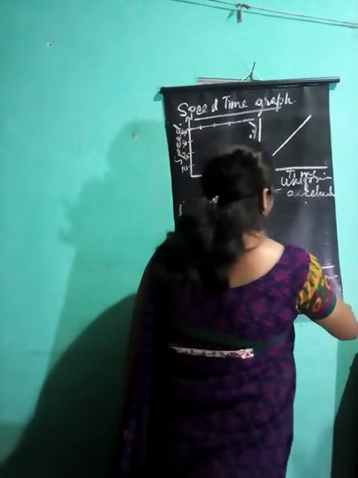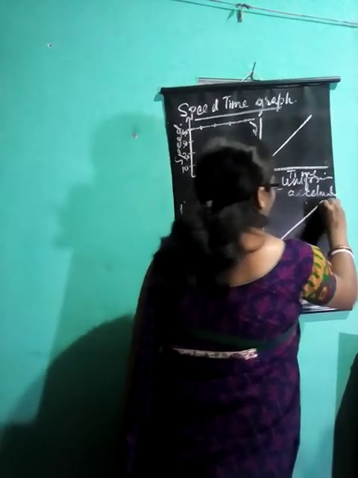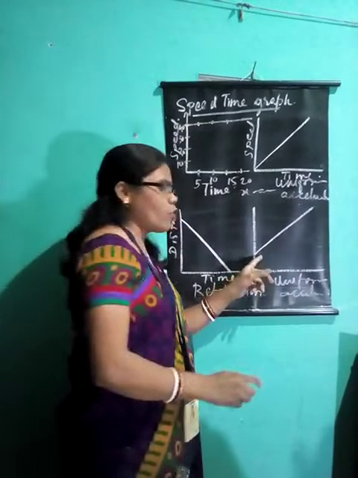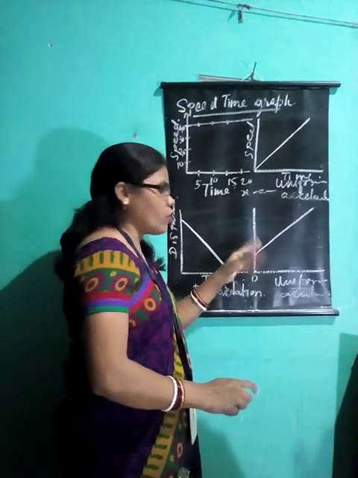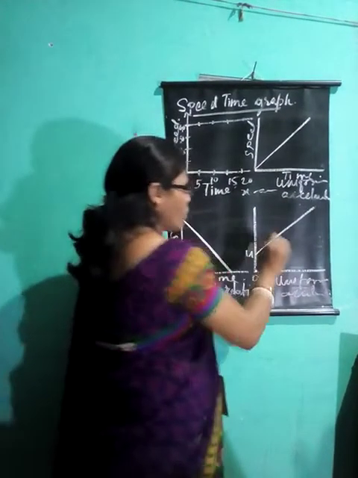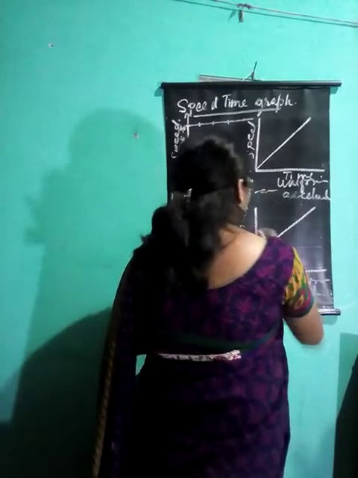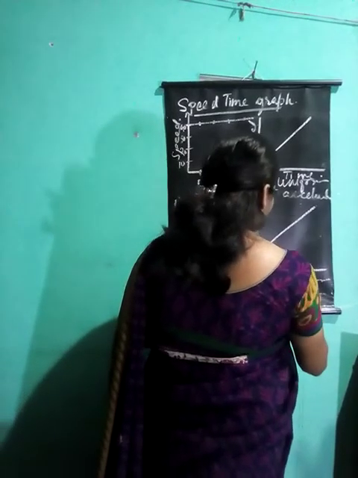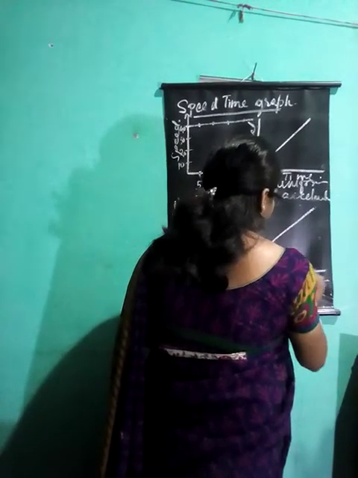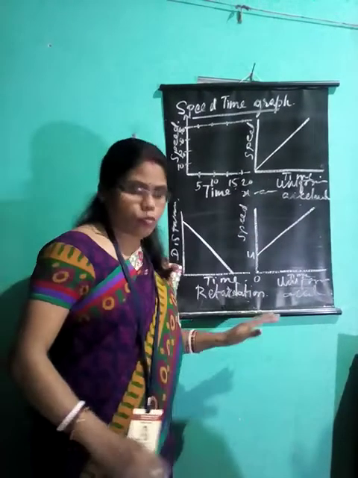So you will be having this type of straight line graph, but not from 0, from whichever initial velocity it is. Initial velocity is v, here speed. This is the velocity time graph, that is the speed time graph. Here time. So this is the graph.